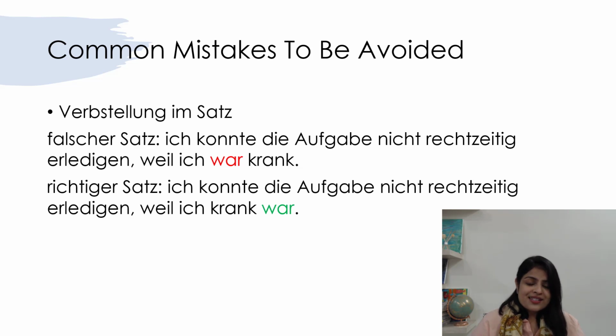Of course, you know that with weil, wenn, and dass the verb position is at the last. But when you're speaking, you tend to make this mistake. The best thing is practice and practice. Only through practice can you do this. And we at Language Legos have special speaking sessions with native Germans at B1 and B2 level as well as at C1 level. So we take care that the students don't make these common mistakes.